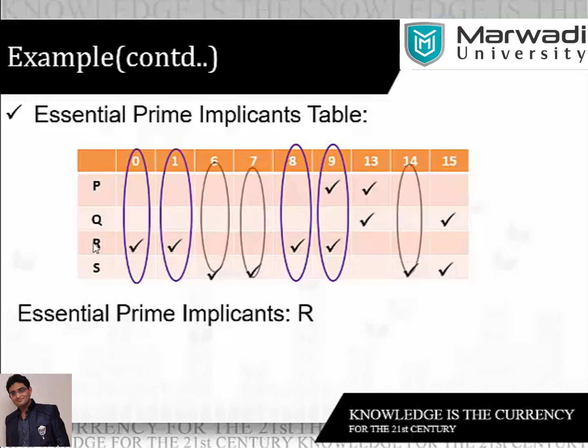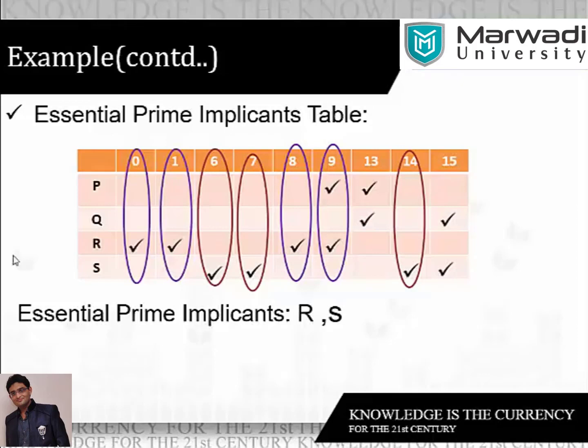Now, on further observation, we can include S in our list of essential prime implicants, covering minterms 6, 7, 14 and also 15. That means it is essential to include these two terms, that is, the R and S expressions, in our final Boolean expression in order to cover the given set of minterms.